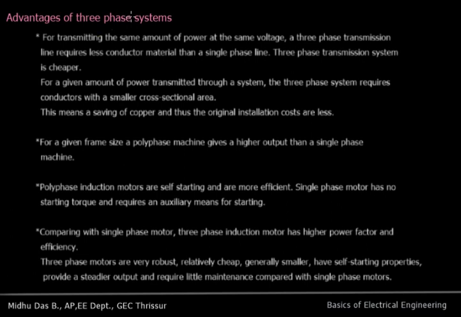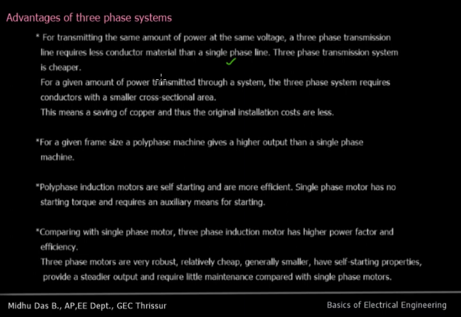Now we'll see some of the important points which indicate the advantages of the three-phase systems. For transmitting the same amount of power at the same voltage, a three-phase transmission line requires less conductor material than a single-phase line. So this is the most important advantage why we are going from single-phase systems to three-phase systems. I have already mentioned in the class, you can see the power supply which you get at home.